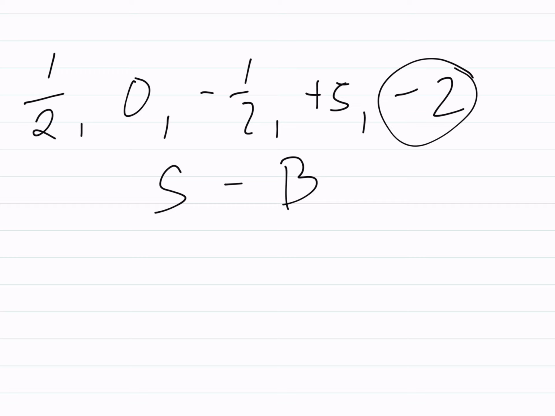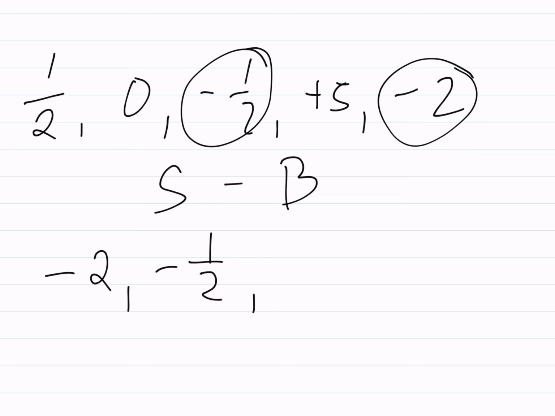Of course, negative 2. Next, after the negative 2, we have negative 1/2. After that is 0, followed by 1/2 and 5. Again, that's how to compare and order integers, and also the concepts of integers.